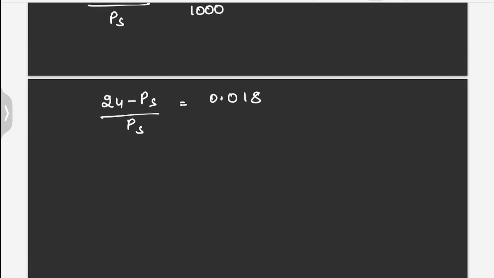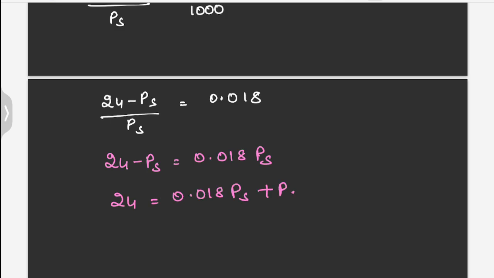In the next step we shift this PS to the other side. We will be getting 24 minus PS is equal to 0.018 PS. Next, 24 is equal to 0.018 PS plus PS. Minus PS we have shifted to the other side, so it becomes plus PS.